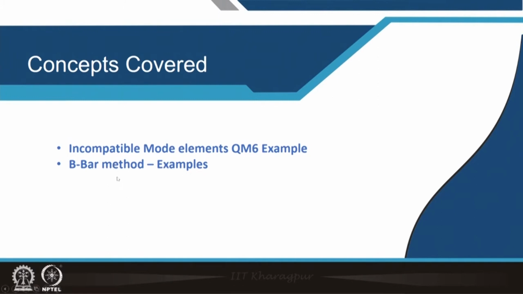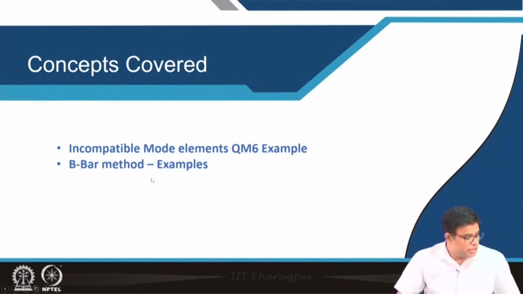I will show some of these examples, which you can always test in your finite element code so that you can validate it, because some of the examples have an exact solution. For instance, we learned the incompatible mode element, that is the QM6 element, modified with 6 modes.